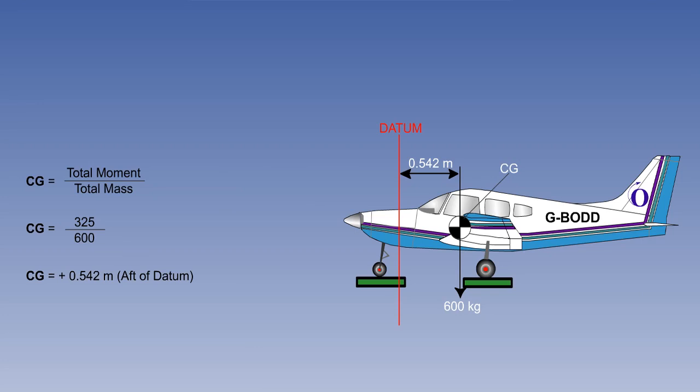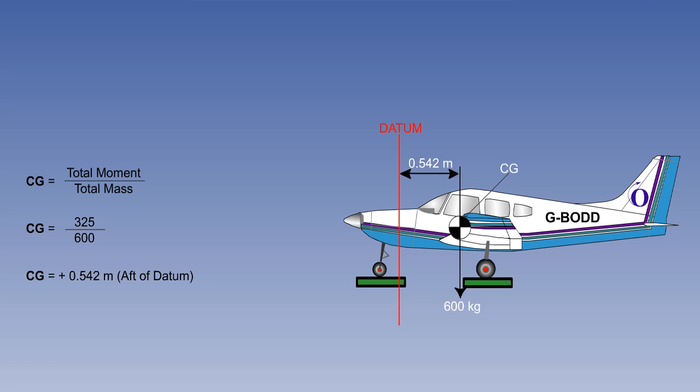The next step is to calculate the basic center of gravity from the total basic empty mass and the total moment. The lesson on mass and balance definitions stated that the center of gravity is found by dividing the total moments by the total mass. The total moment is 325 kilogram meters, and the total mass is 600 kilograms.